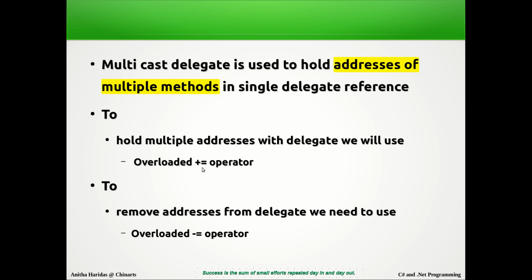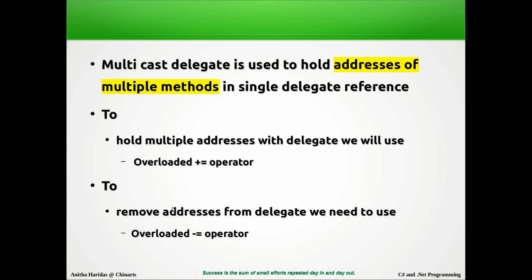In the previous video, we have seen all the delegates declared in your program implicitly inherit the Delegate class. So in the Delegate class, the += operator is already overloaded. If you want to combine the delegates, you can use the += operator.